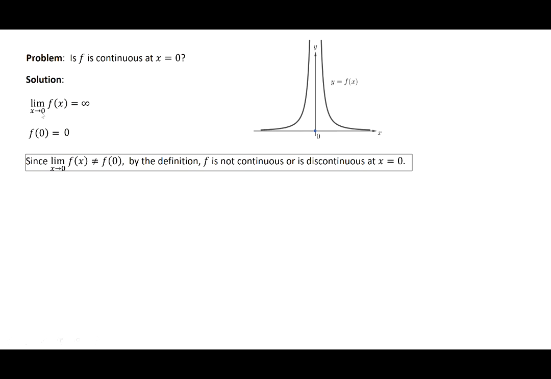The limit of f of x as x approaches 0 does not exist, they would say. What do you mean? It exists, man. It's equal to infinity. Oh, well, when the limit is infinity, it pretty much doesn't exist. Some people argue like that. But we know there's nothing wrong with that kind of argument.